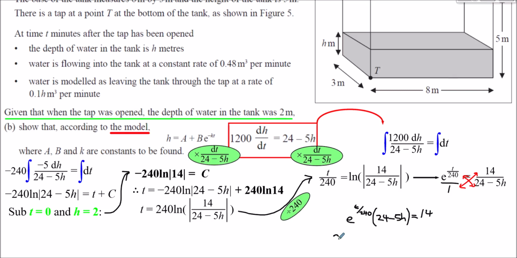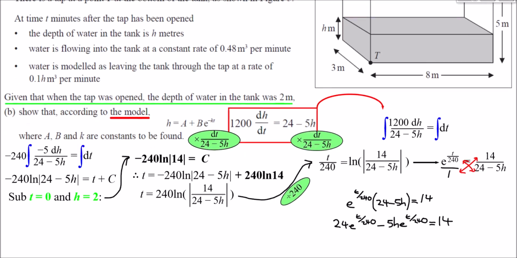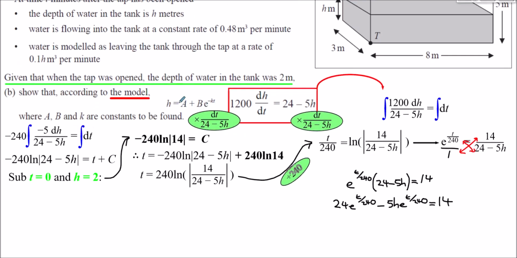Then I expand this out, I get 24 e to the power t over 240 minus 5h e to the power t over 240. That'll all equal 14. I want to get h on its own, because I want h as the subject.